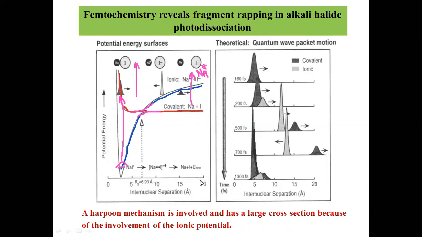Okay. So this experimental observation was not able to explain how this is possible until we did the theoretical work, generated the potential energy surfaces, the covalent and ionic curves, and did the wave packet dynamics.